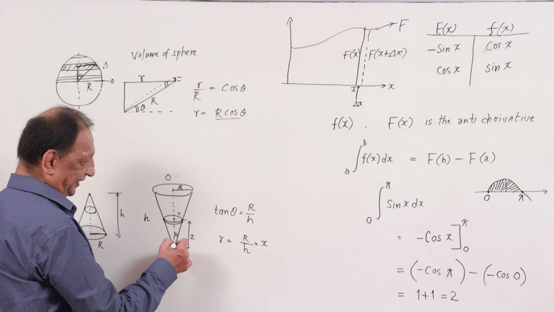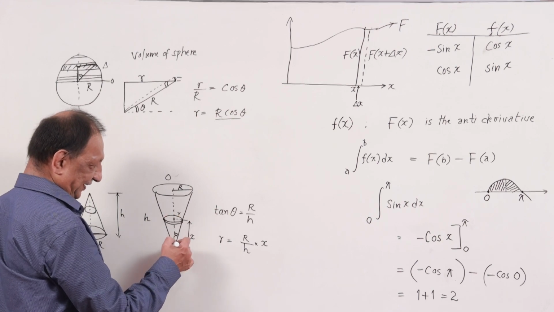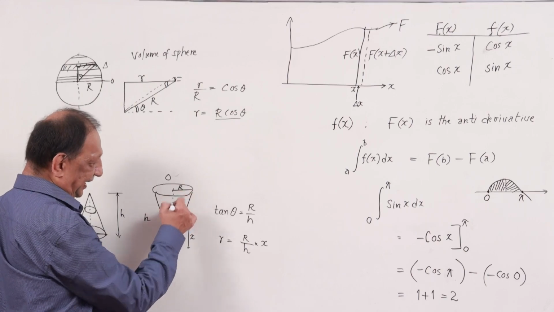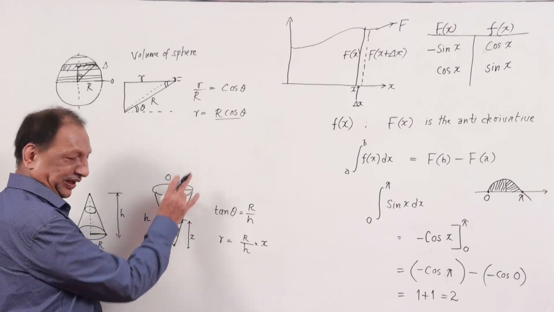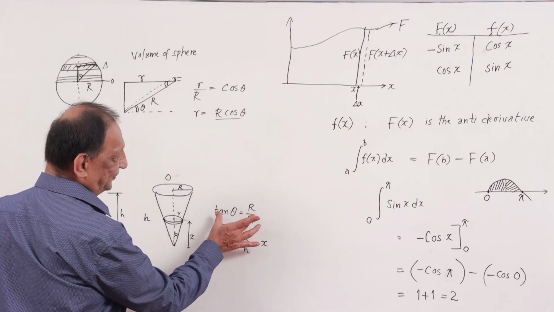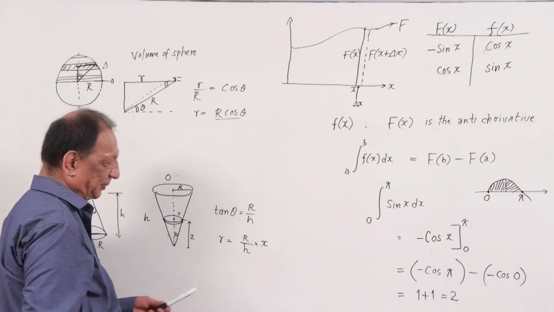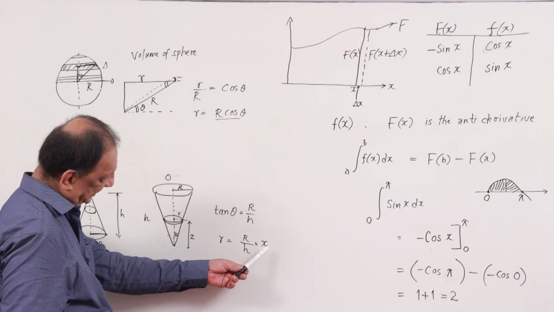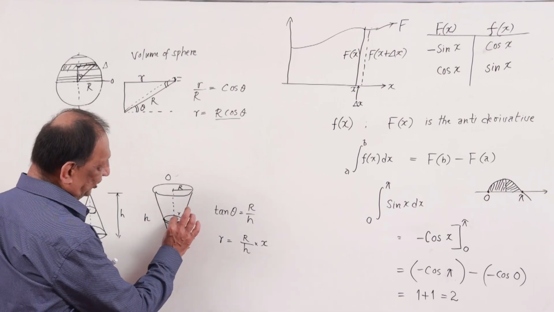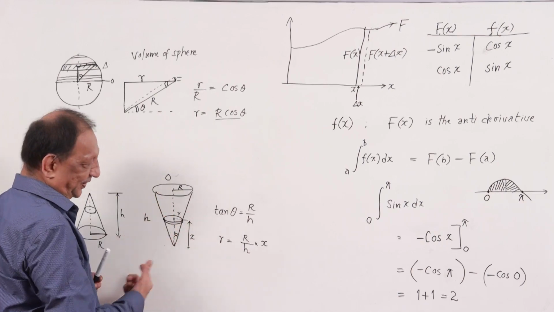One triangle has r and x, and the other right angle triangle has capital R and height h. Both are similar because the angle theta is common. So I don't even need this tan theta expression. So capital R by H into x will be the radius of this, and delta x will be the height.